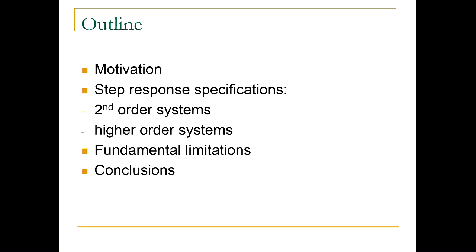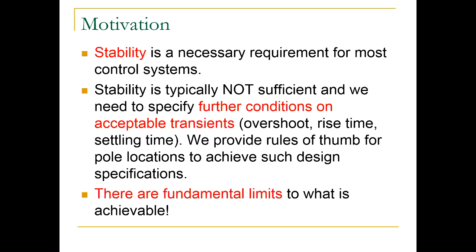So for higher-order systems, these formulas are not exact, but they are used as a rule of thumb in your design. So we will talk about that, and this will lead to a natural definition of so-called dominant poles in your system. And then in the last part of the lecture, we will talk about two results on fundamental limits and conclusions. So that's what we want to do.